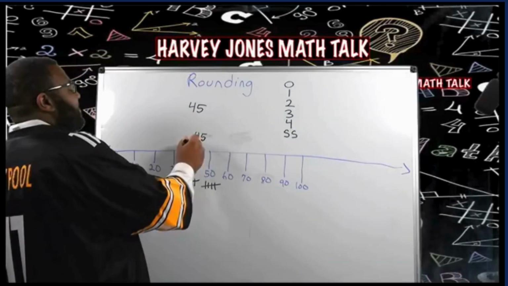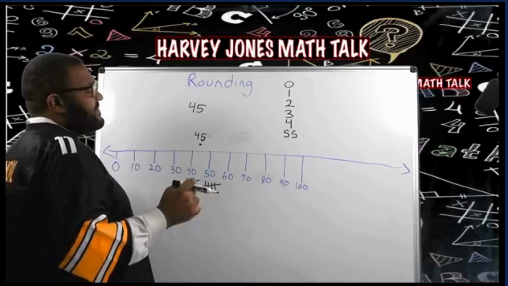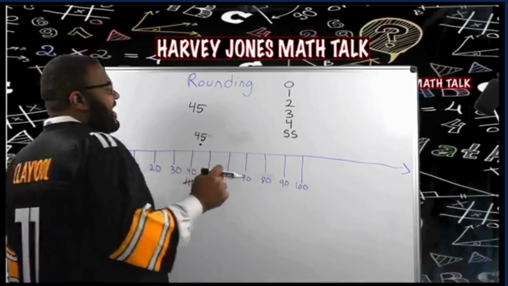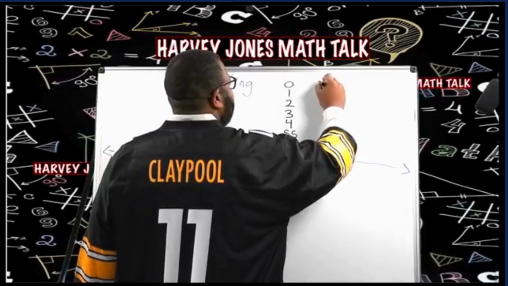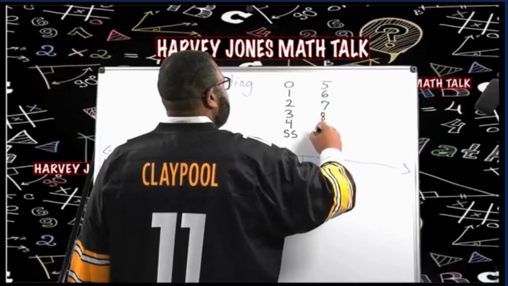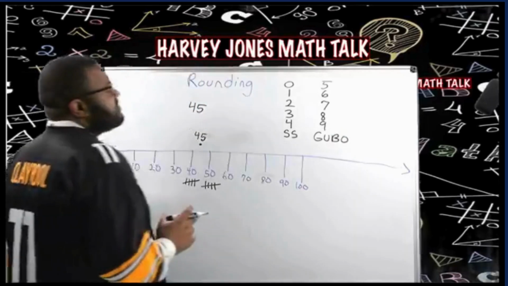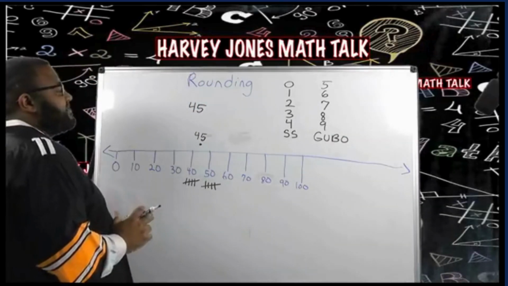And that's the number that's behind your underlying number. We're going to get to that in just a second. On the other hand, if it's a 5, 6, 7, 8, or 9, it's going to go up by 1. And we'll talk more in detail about that in just a moment.